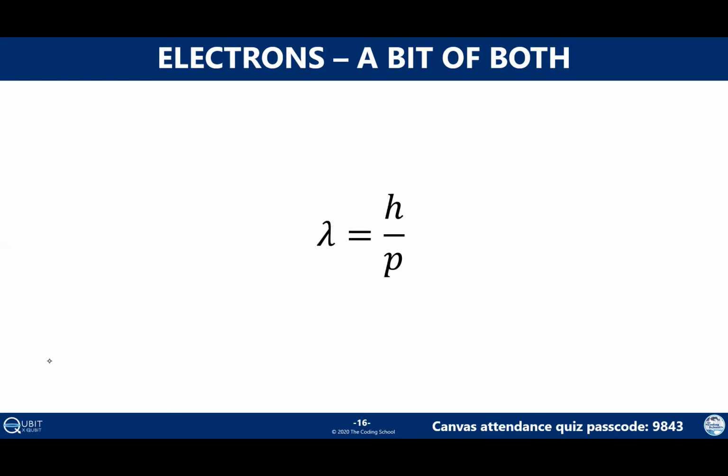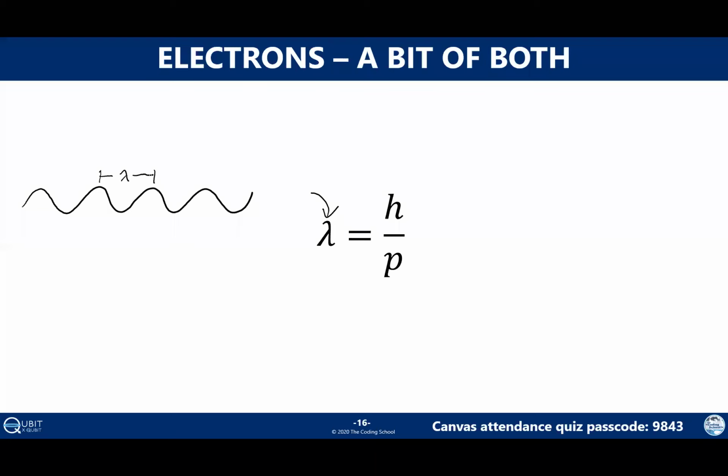This is called the de Broglie wavelength equation, and we're going to walk through it piece by piece. So the first section here is the wavelength. This is the Greek letter lambda, and the wavelength just refers to the distance between crests in a wave. So if I have a wave that looks like this, the wavelength is literally just the distance measured in meters or whatever between two crests of that wave.